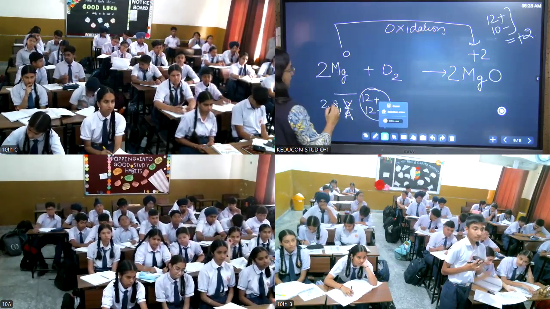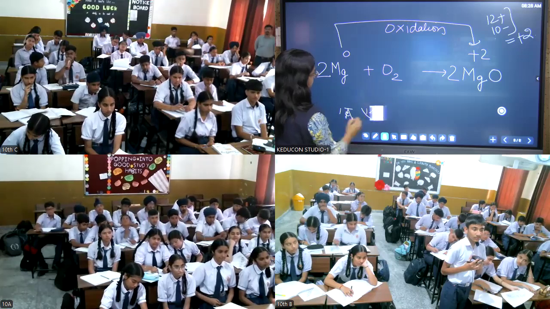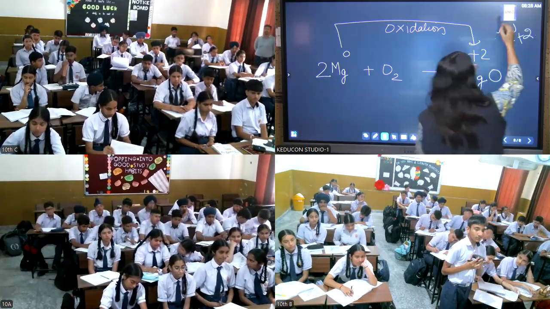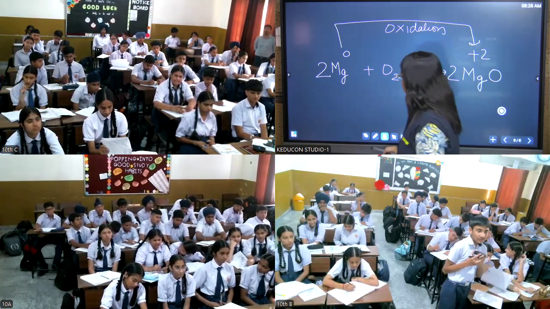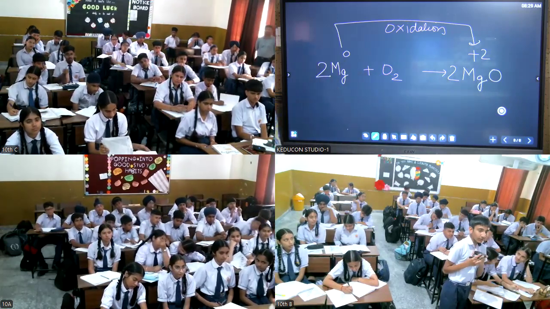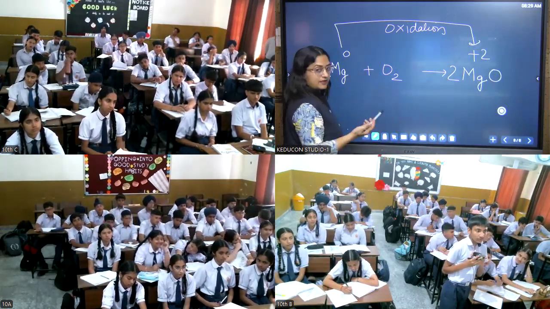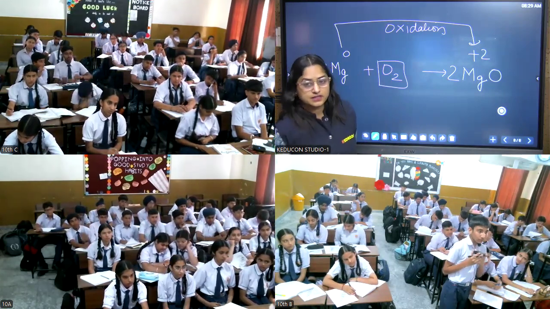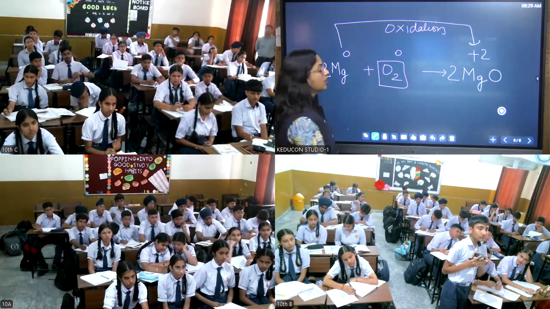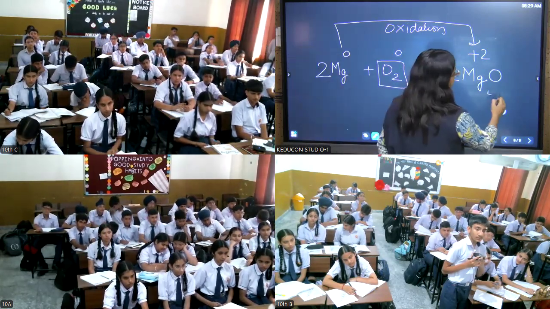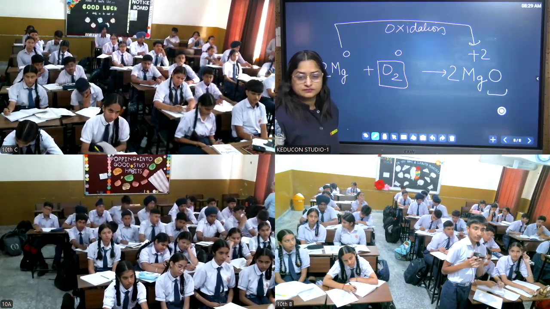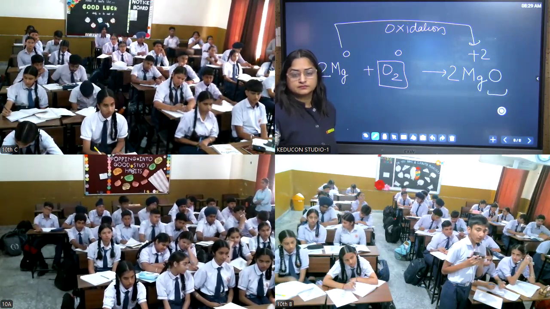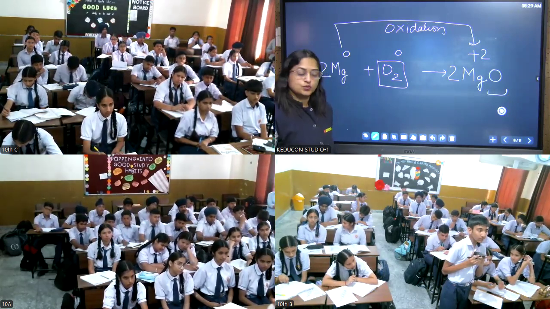ठीक है, एंड व्हाट डू यू हैव टू से अबाउट ऑक्सीजन? ऑक्सीजन के साथ क्या हो रहा है यहाँ पर? Oxygen. It has 8 electrons. Okay, fine. What charge is it carrying in this state? 0. Okay, atom molecule sub zero. And what charge is it carrying here? 2 negative. Very good.